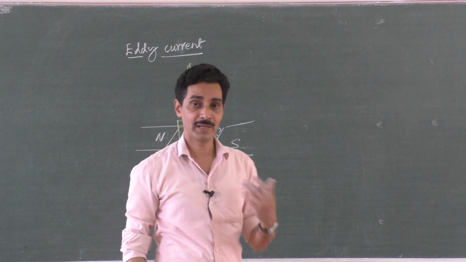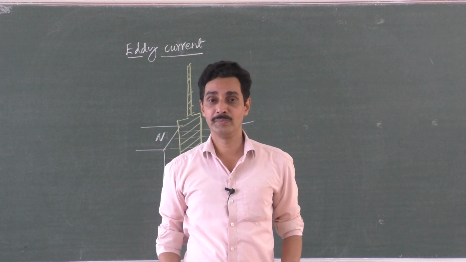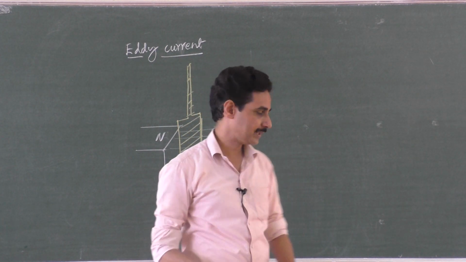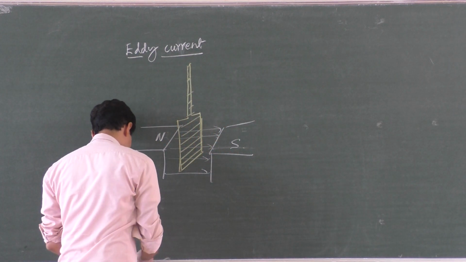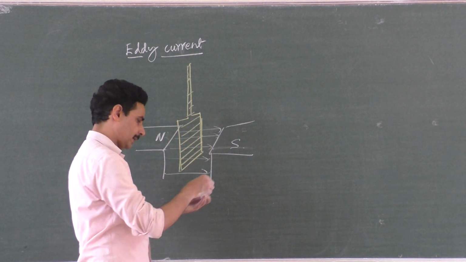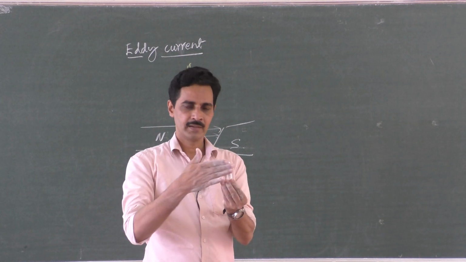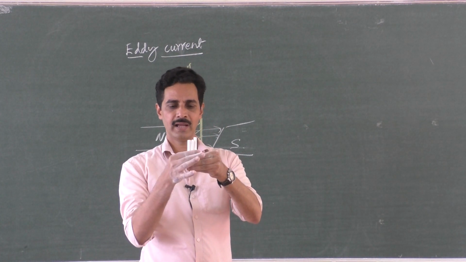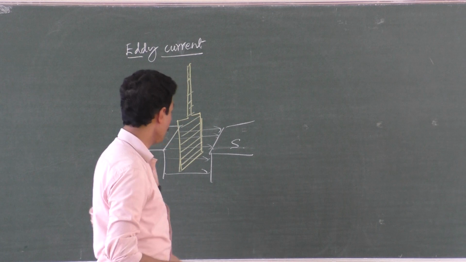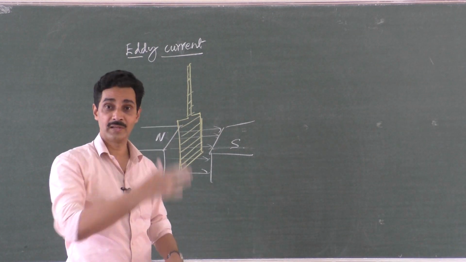Now, can you assume the metal piece to be made up of many metal rods kept side by side? You can have many metal rods kept side by side like this. When they are connected like this, you will have a metal plate. Now, all these are metal rods moving in a magnetic field.